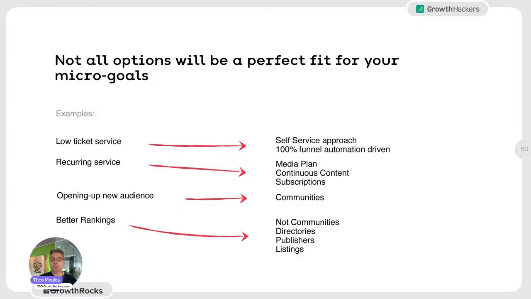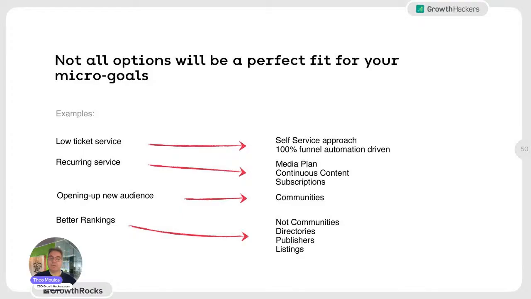So what we did is we created something which is 100% funnel automated, or we created a self-service approach, or we created consulting by the hour. You see, these were different properties, because people that can't work with an agency are not the same people that want to work with an agency by the hour and get some consulting. That's why we needed to build a different property.